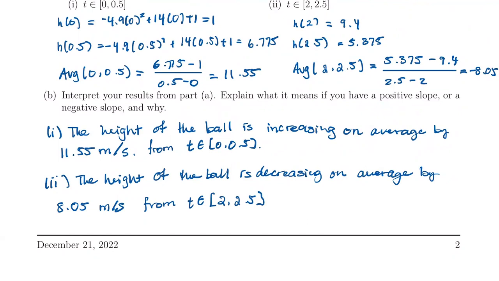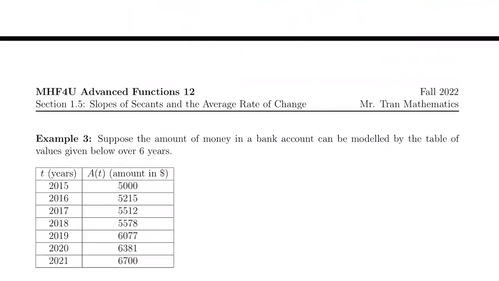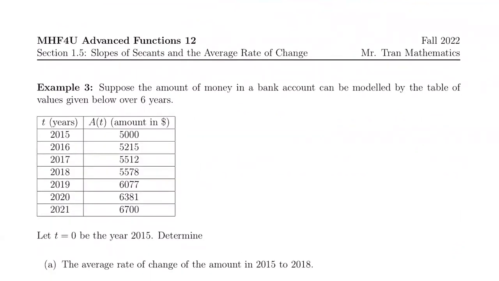So with that, let's have a look at another example. Now this involves some business applications, where the amount can be modeled using the table given below. Let's just say that we have some money in a bank account. Initially we would have $5,000 and then it would be increasing. Suppose t equals 0 is the year 2015.